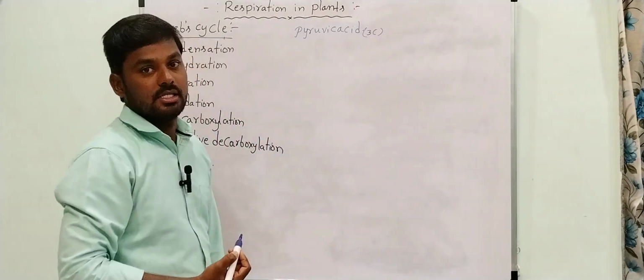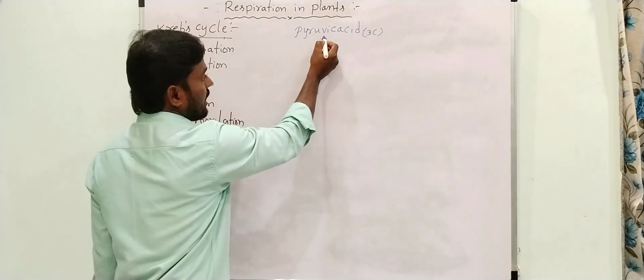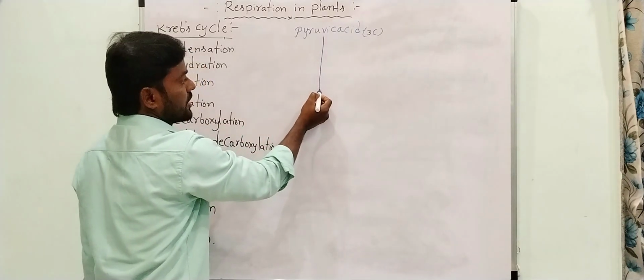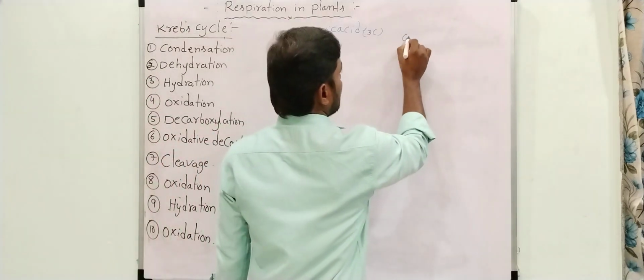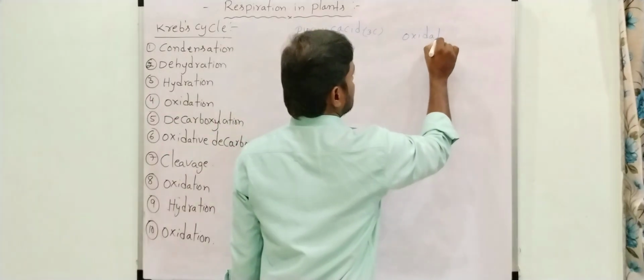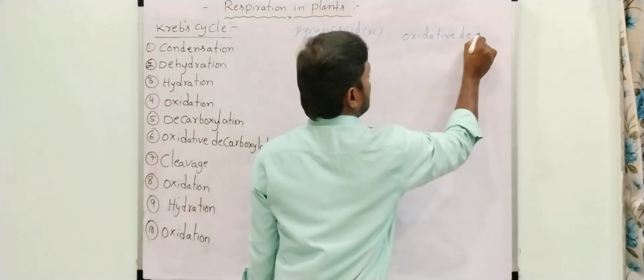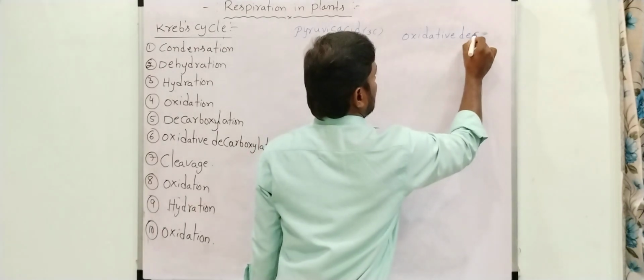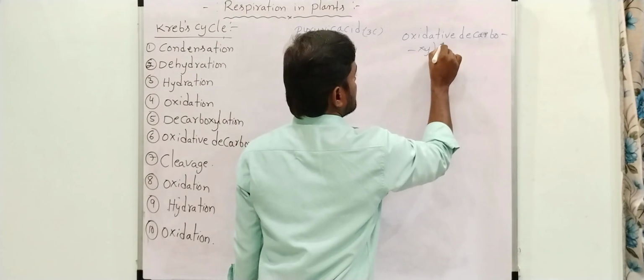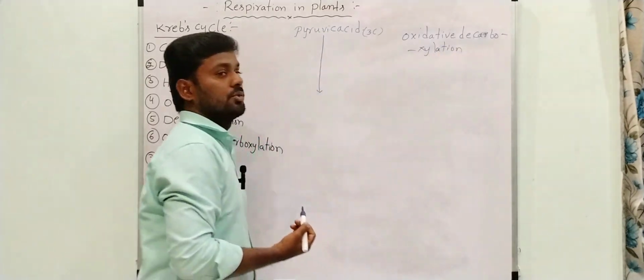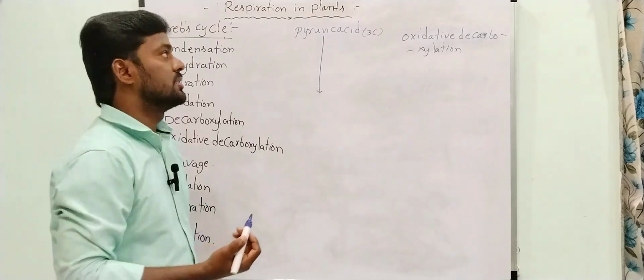This pyruvic acid undergoes the oxidative decarboxylation reaction to form acetyl coenzyme A.